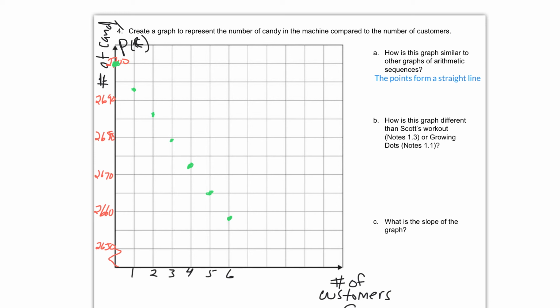So if we look back at Scott's workout or growing dots, what you should remember is that we were adding, we had that common difference that was going up, so our line was going up. In this case, our line is going down or decreasing. So this graph, the line is decreasing, where in Scott's workout, the line was increasing.